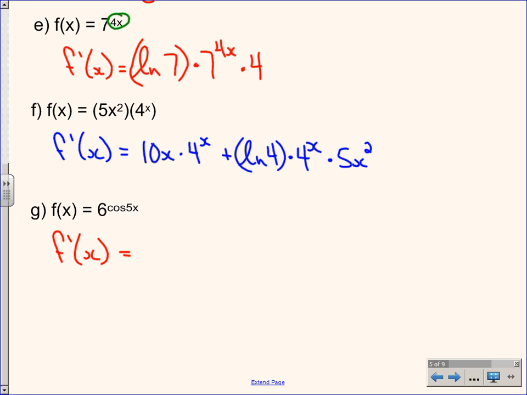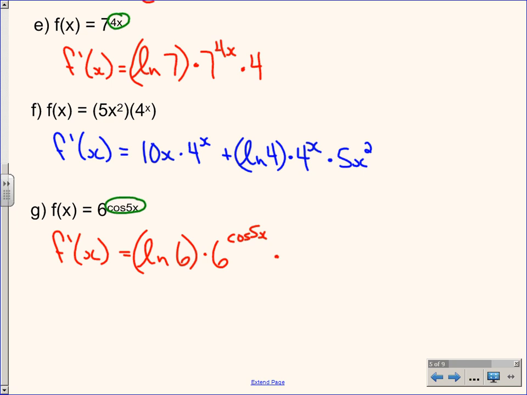So the derivative of this, well, the base function is 6 to the power of something. So we start with ln 6, right? And then we leave the exponential function exactly the same, so 6 to the cos 5x. That's the derivative of the outside. Now we have to do the inside, and the inside function is cos 5x.